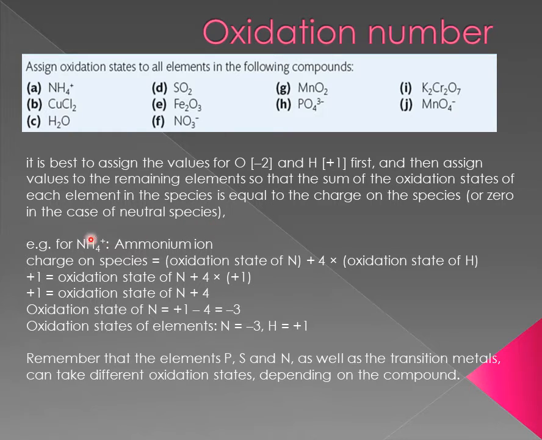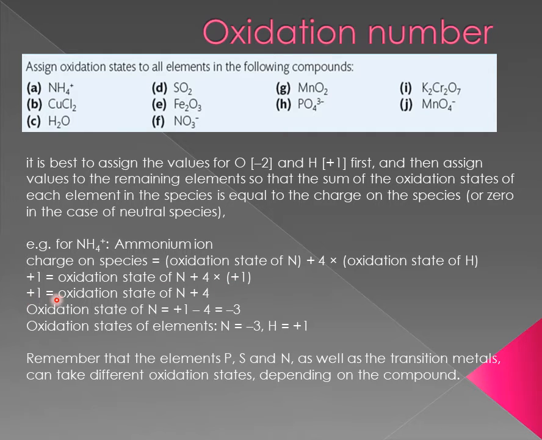For example, ammonium ion. The total charge is +1. So the charge on the species, which is +1, equals the oxidation number of nitrogen plus 4, the number of hydrogen atoms in the ammonium ion, times the oxidation state of hydrogen. So +1 equals the oxidation state of nitrogen, which we need to find, plus 4 times +1.